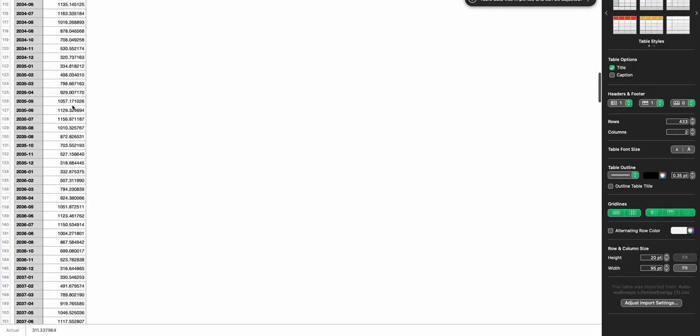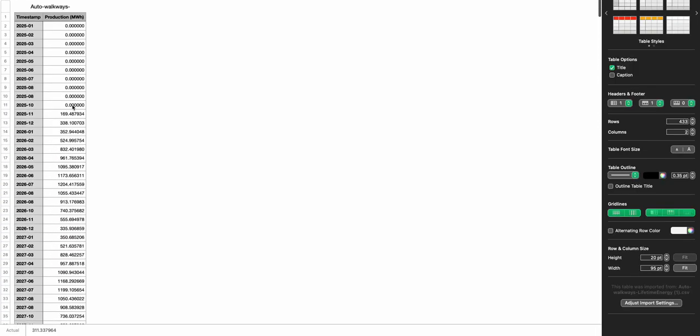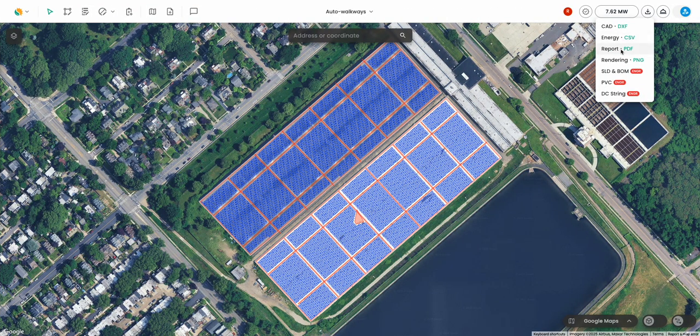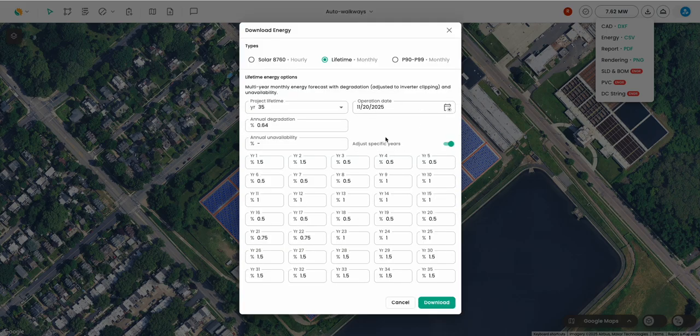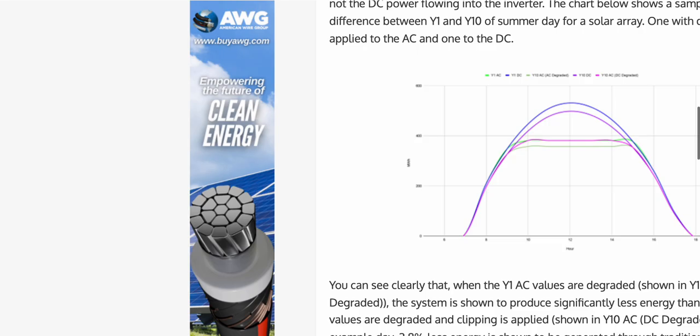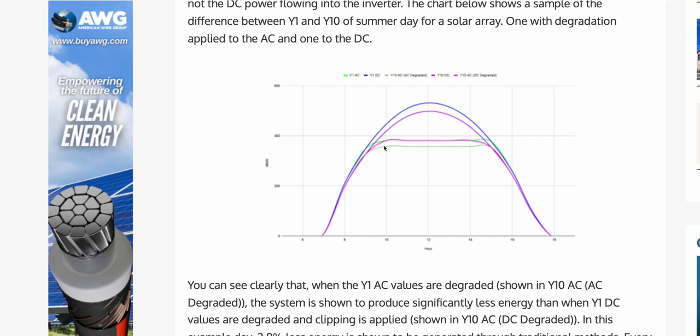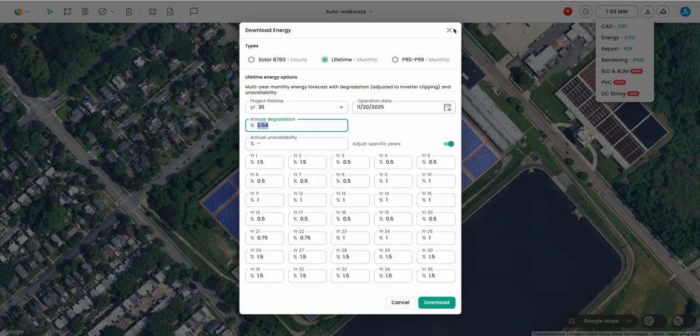And so this accurately accounts for each project year's degradation and availability. It takes the unavailability that we did for year specific, applies it to that project year, and it also takes that degradation and applies it on the DC side of the system, so you gain and actually represent the real production of the system.